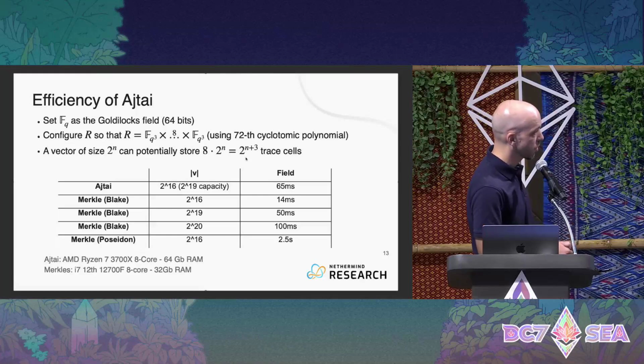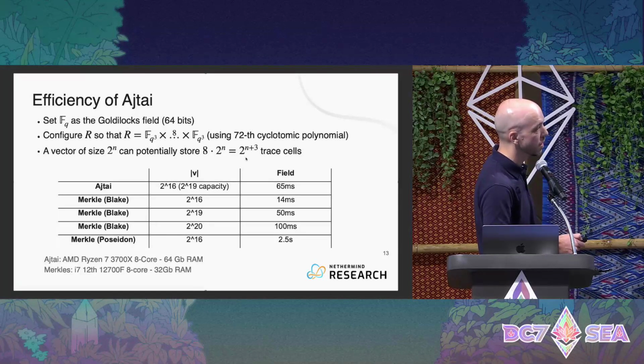And this is, for comparison, what you would get if you do Merkle tree commitments to the vectors. If you commit to 2 to the 16 field elements with a Blake function, so a classic hash, this is 14 milliseconds. But as I said, this is just 2 to the 16 field elements, and this is 2 to the 19 field elements.